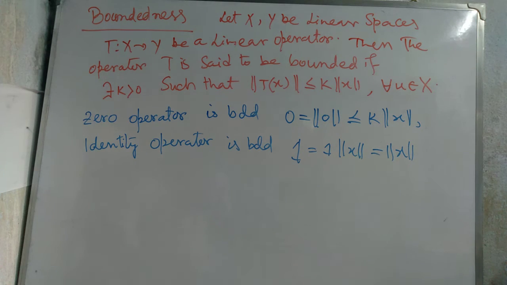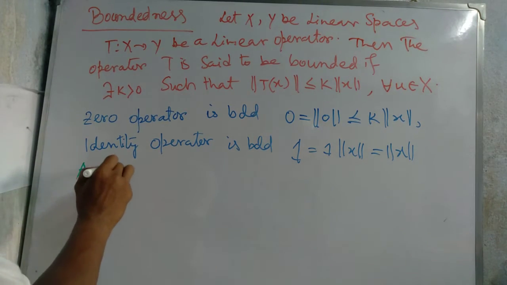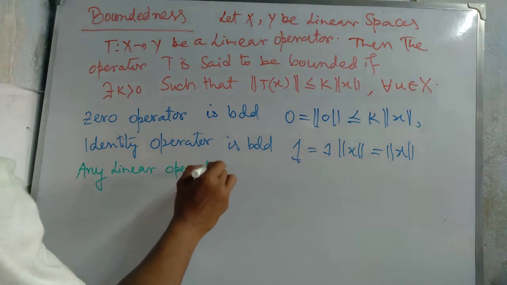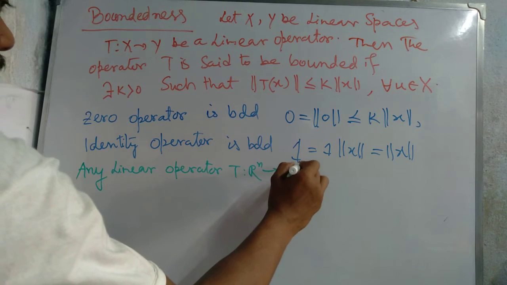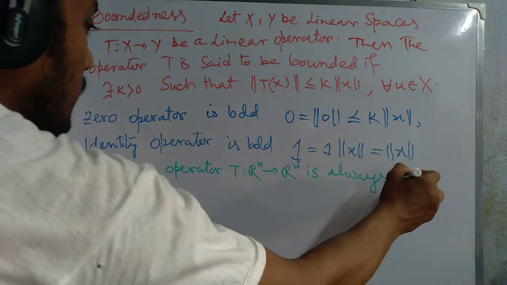Then any linear operator from Rn to Rm is always bounded.